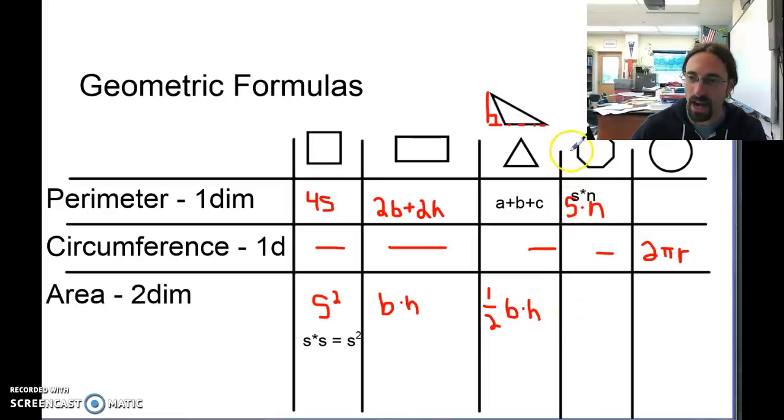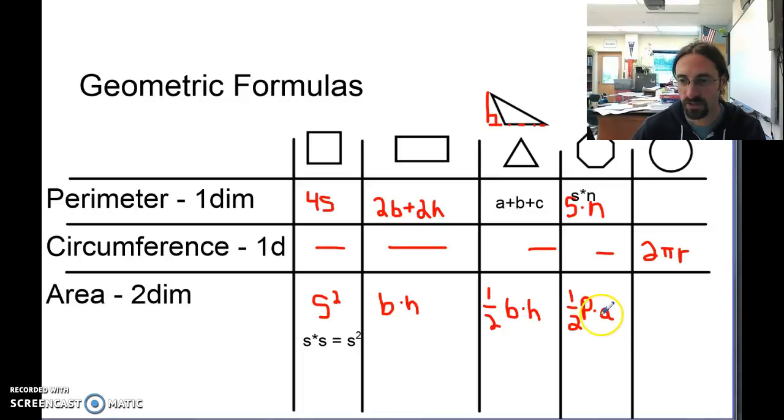When we talk about the area of a regular polygon, we're going to study this much later in semester 2, but the formula is, oh, I'm even drawing a blank on it, 1/2 the perimeter times the apothem.